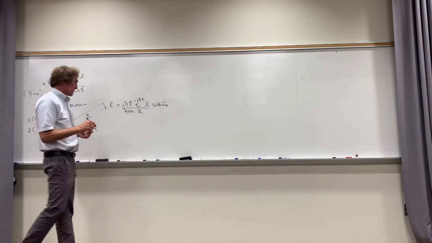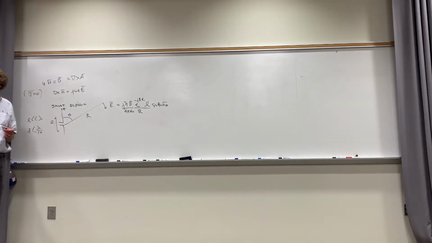That's the electric field, in the theta direction. Now this is the far field, right? It's not the total field, it's the far field. We'll get to the near field in a bit.